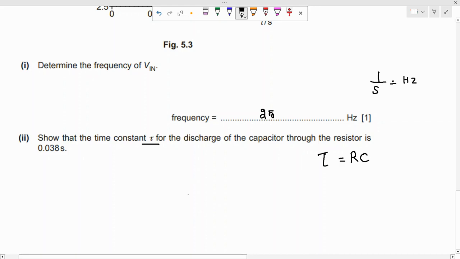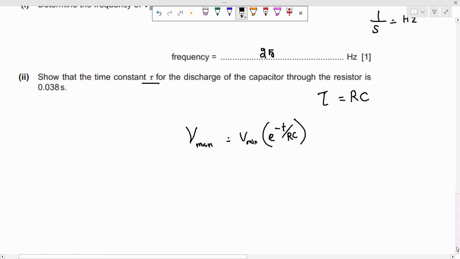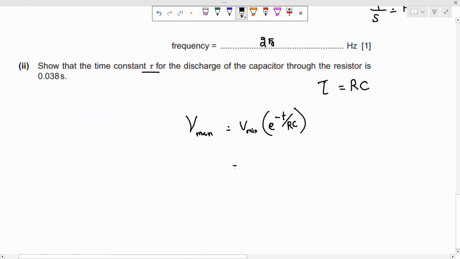So what is that formula? V maximum will be equal to V minimum, and then exponential to the power minus t divided by RC. Actually RC is the time constant, so we are going to find out that RC. That is V minimum e to the power minus t by RC.